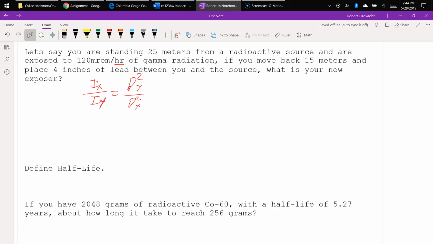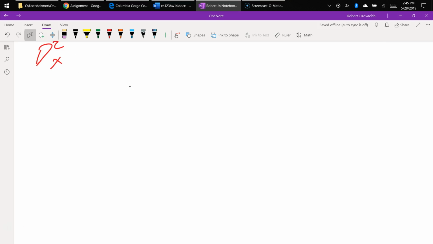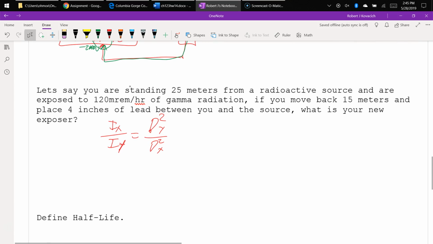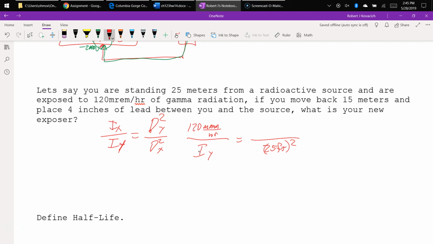So I'll just throw numbers in. So we'll put, say, we'll put 120 millirem per hour here, and I've got intensity at distance Y, and so then this is going to be 25 feet squared, and this is going to be 40 feet squared.